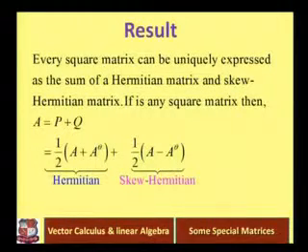P, which is 1/2 of A plus A theta, is a Hermitian matrix, and Q, which is 1/2 of A minus A theta, is a skew Hermitian matrix. This means we can express any square matrix as the sum of a Hermitian and a skew Hermitian matrix.